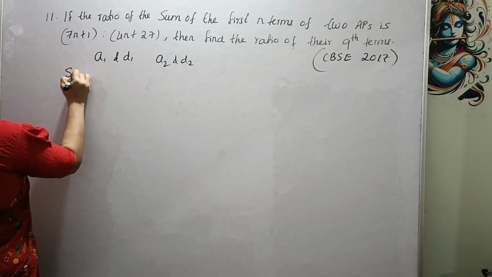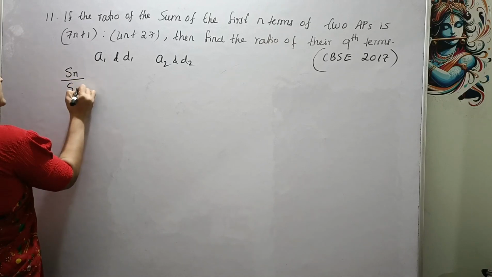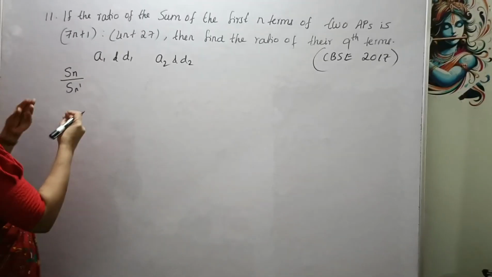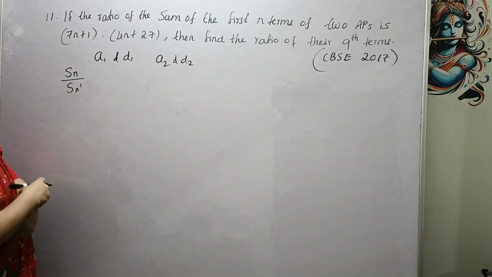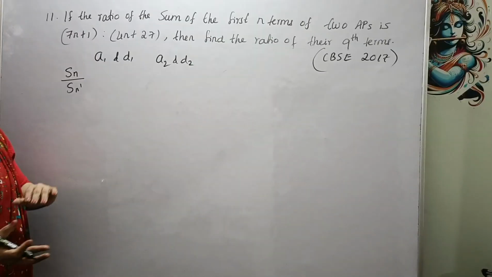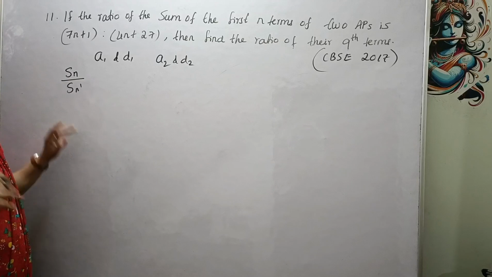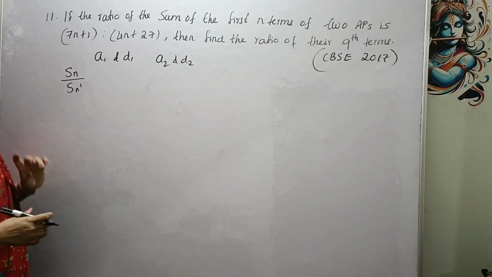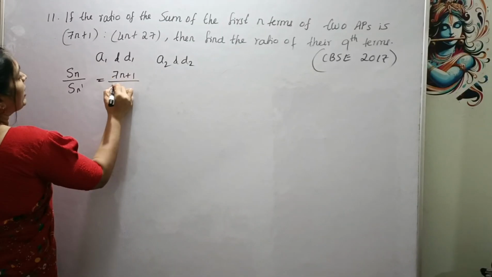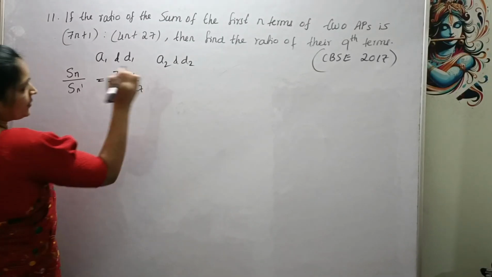That is, Sn divided by Sn dash, where n is the same. Sn is the sum of the first n terms of the first AP and Sn dash is the sum of the first n terms of the second AP. Its ratio is 7n plus 1 divided by 4n plus 27.